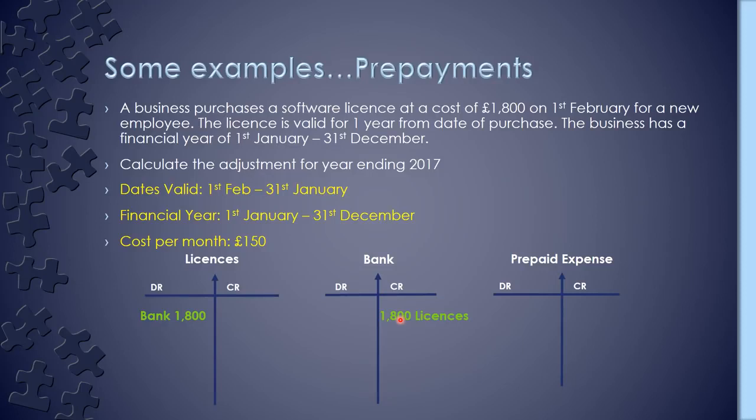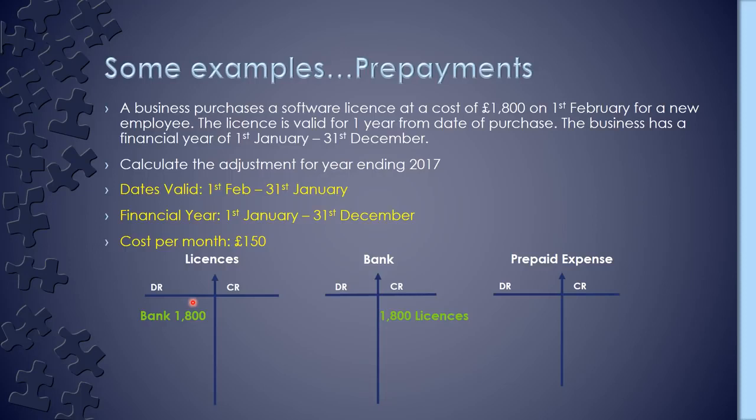But as we were saying earlier, we've got 1 month of that that doesn't actually apply to the year ending 2017, because our licence runs until the 31st of January. So we need to make sure that this account is only showing the cost of the licence between February and the end of December, the end of our financial year.